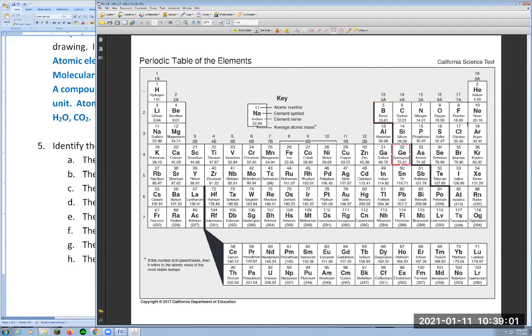Be careful, aluminum is not a metalloid, it's a metal. Arsenic is a metalloid, antimony, tellurium, and then astatine. Polonium is not a metalloid. Polonium is also a metal. Okay, so there is boron, silicon, germanium, arsenic, antimony, tellurium, and astatine. And that's 1, 2, 3, 4, 5, 6, 7 metalloids only.